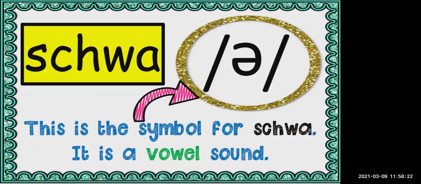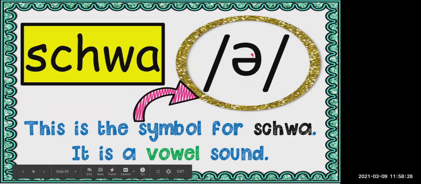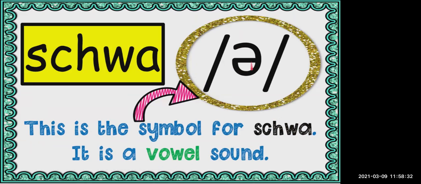So the symbol for the schwa sound is this upside down E. Have you guys ever seen this before? Maybe in like a dictionary or a book somewhere or glossary. It is a vowel sound.